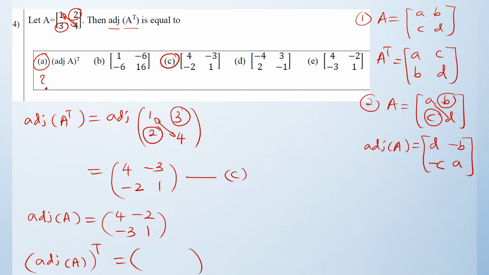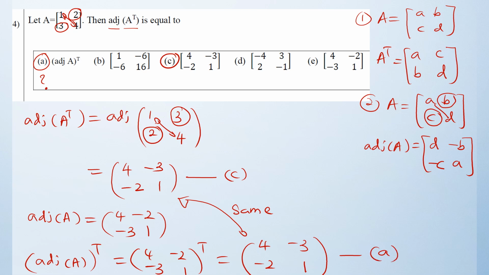So the transpose of this matrix: the first row will be the first column, the second row will be the second column. Then we have this, so these two are the same. So part A will also be an answer. So finally, the answer is A and C.